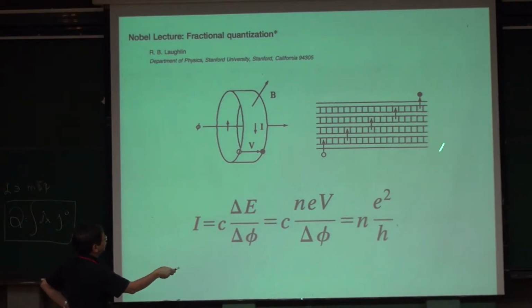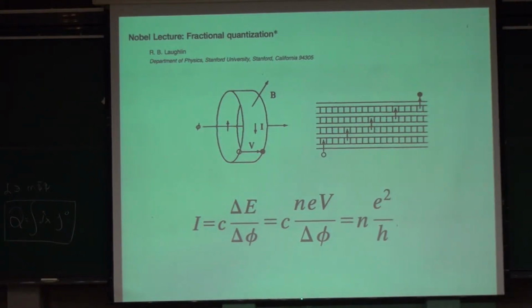So Laughlin used this diagram to say that the electron left this edge and moved to the state next to it, and the electron in that state moved to the state next to it, and so on, till the electron here moved to the right edge.